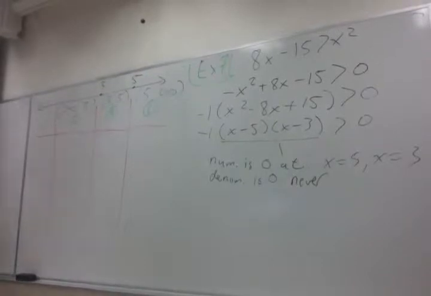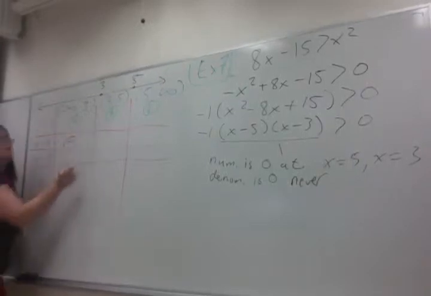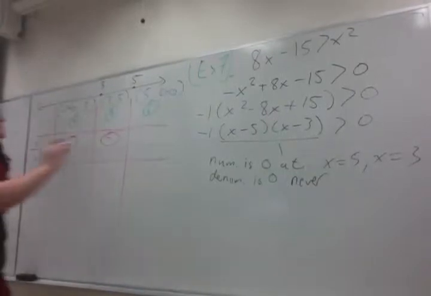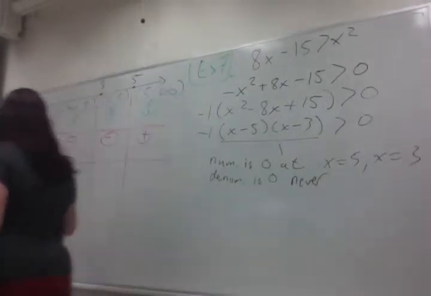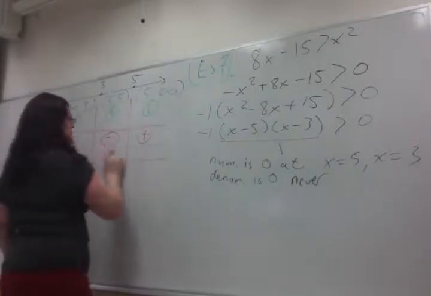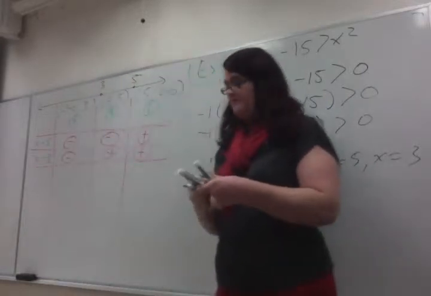So the things we're worried about are x minus 5 and x minus 3. So at 0, x minus 5 is 0 minus 5, which is negative. At 4, x minus 5 is 4 minus 5, which is negative. At 6, x minus 5 is 6 minus 5, which is positive. At 0, x minus 3 is negative. At 4, x minus 3 is positive. At 6, x minus 3 is positive.